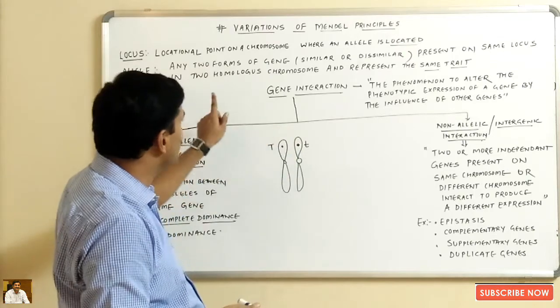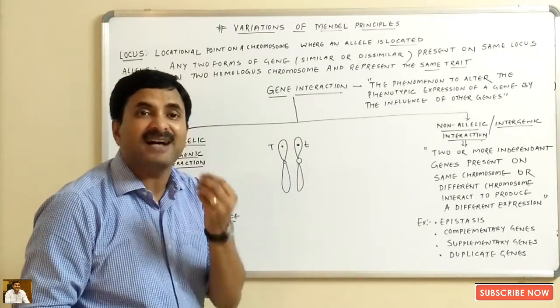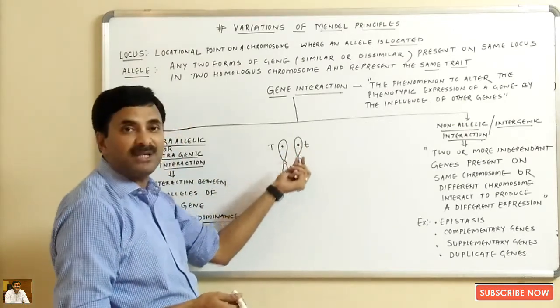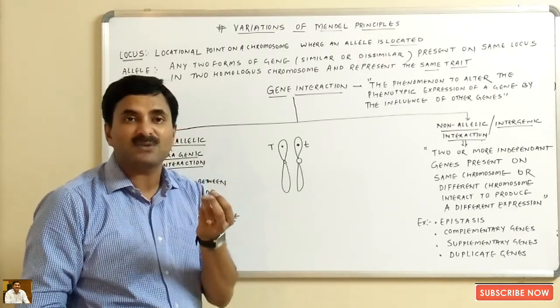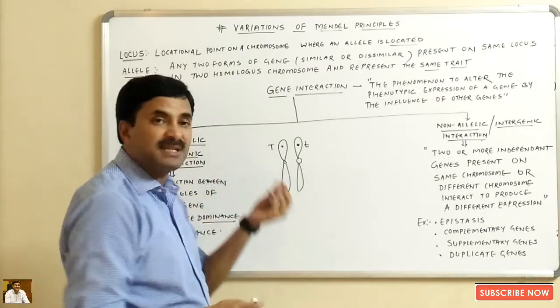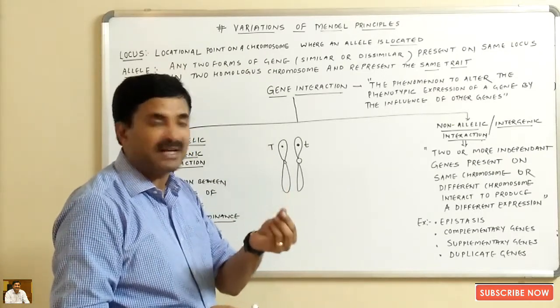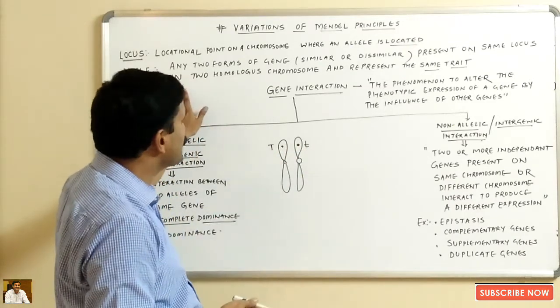So they are present on the same locus in two homologous chromosomes, and they are representing the same trait. Say capital T and small t are representing a trait, and that is the plant height. The plant height has two contrasting characters: one is tall and another is dwarf. So this is about the allele.